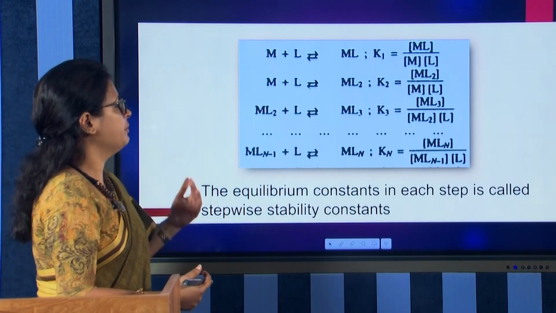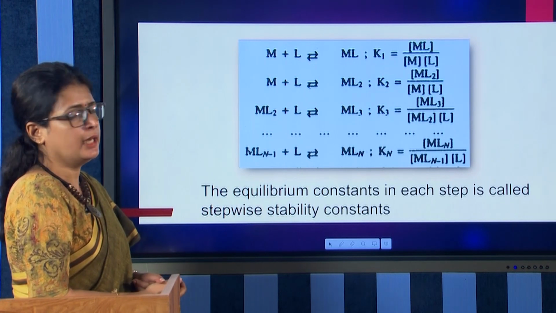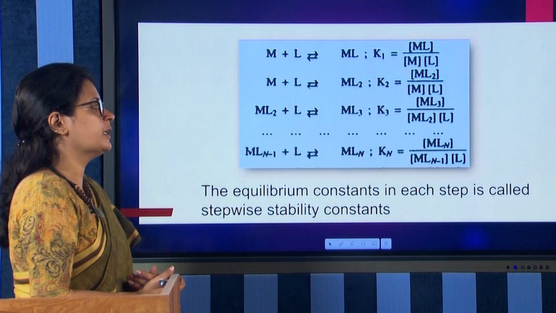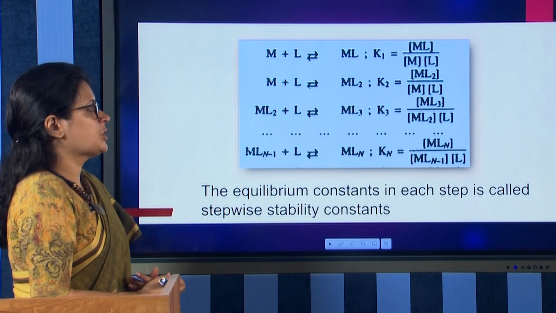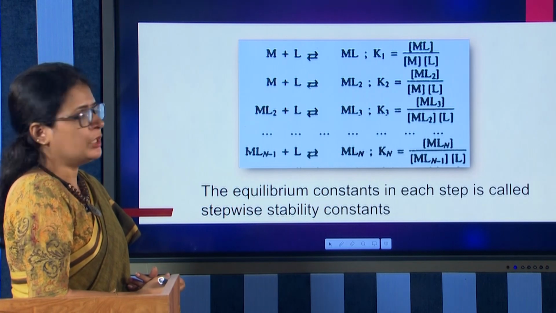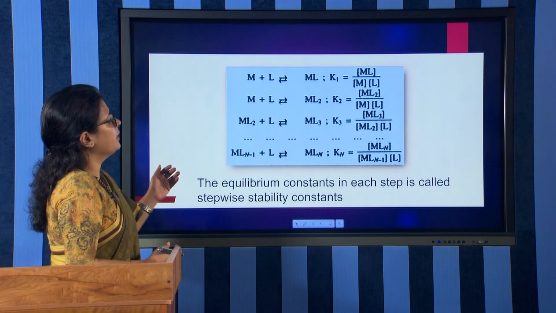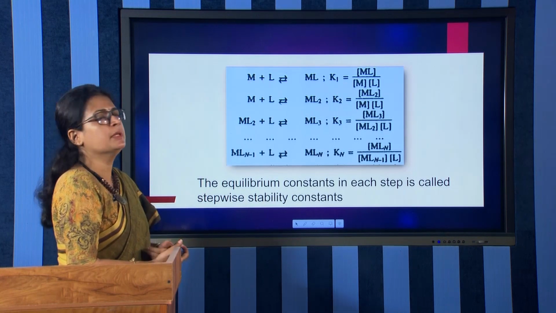Generally the reaction can be represented like this: MLn-1 plus L giving MLn, and in this case Kn can be written as the concentration of MLn divided by the concentration of MLn-1 into the concentration of L. So, in all the cases the equilibrium constant in each step is called the stepwise stability constant.